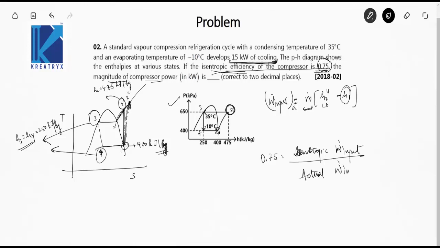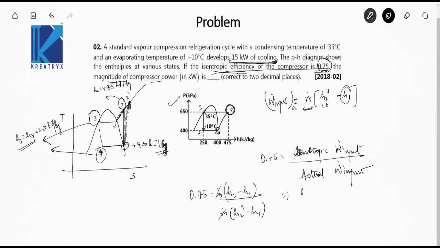The isentropic work input is m dot (h2 minus h1), and the actual work input is m dot (h2 double dash minus h1), but the m dot cancels out.